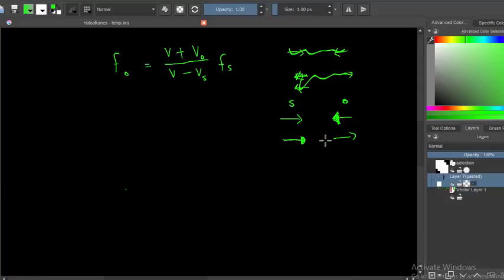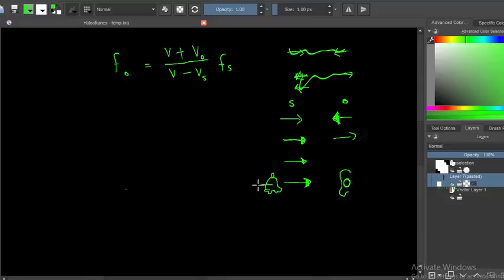But let's say the vehicle was traveling towards the source. The sound is going this way and the observer is hearing it from here. If the vehicle making the siren is traveling in the same direction as the sound, then this will remain a negative.